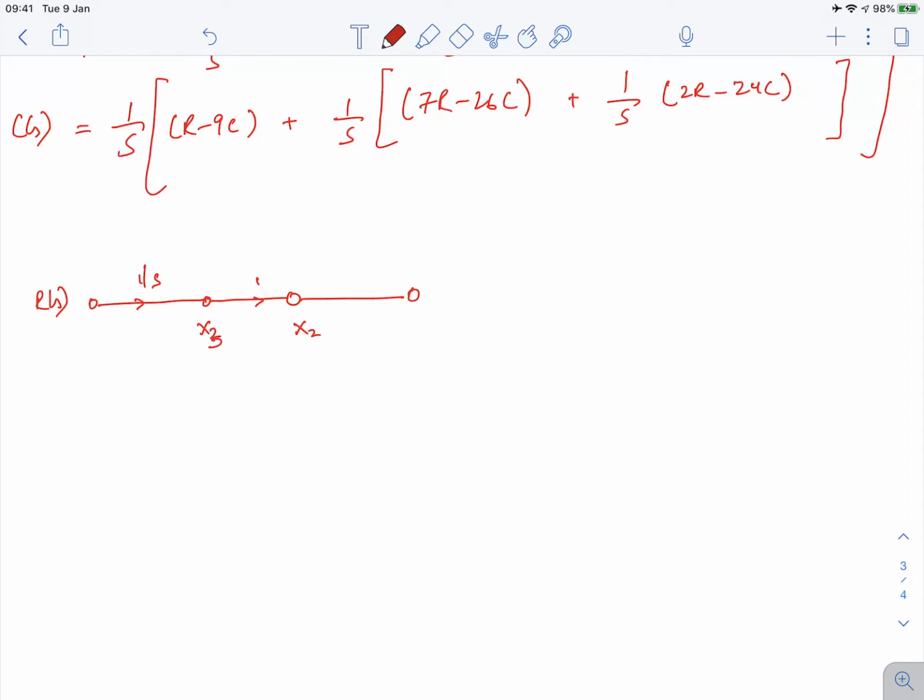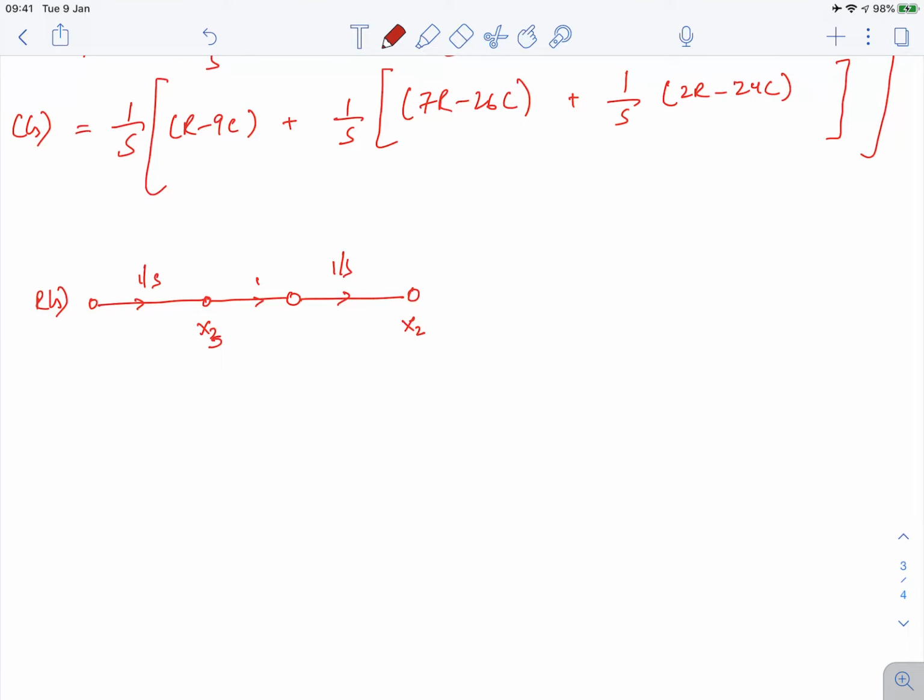Just draw them separately, because x3 with gain 1 would remain x3 as it is, so we won't name this node for the moment. I will go directly to x2 of s.